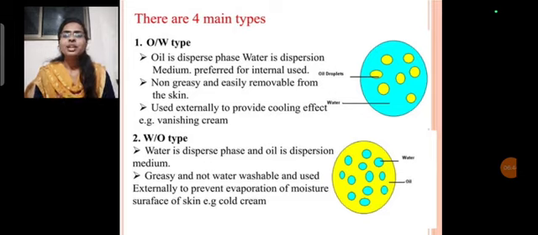Therefore, it is greasy in nature and not water washable, and it is mostly used for external application only. An example of W/O type of emulsion is cold cream.